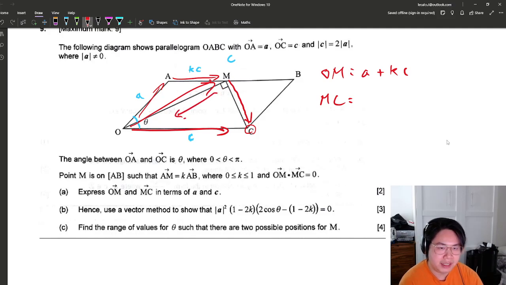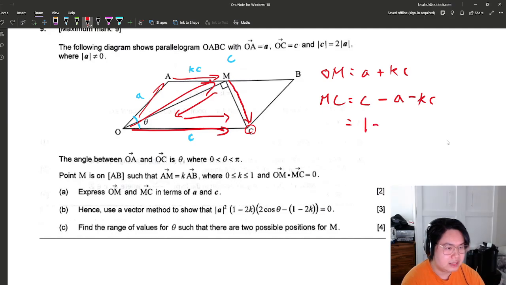So I need to go backwards that way and that way. So this is c minus OM. OM is a plus kc, so this is c minus a minus kc. And then I'll collect my c's together.